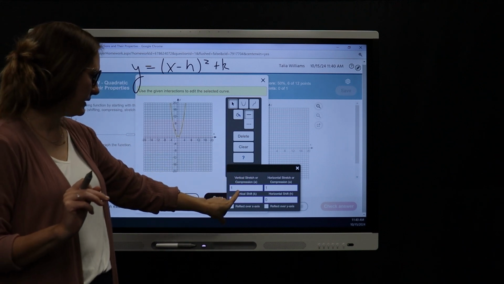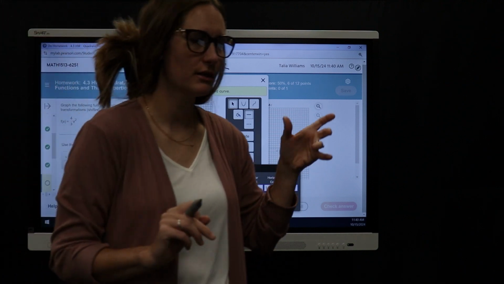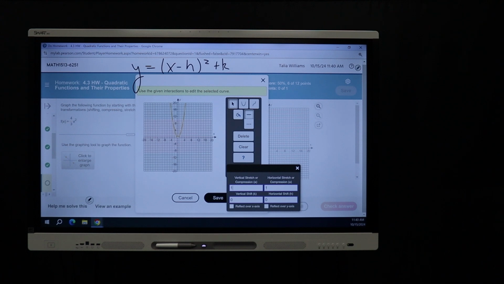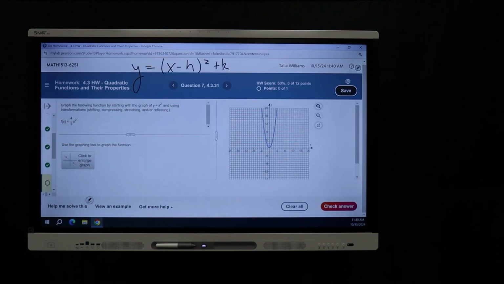When you go to type this in, you're going to do 4 and then type backslash, because that's going to pop up your fraction. So 4 backslash 3, because it's being multiplied, it's a stretch or compression, and it's 4/3. If yours was 2/3, you'd still type it there.